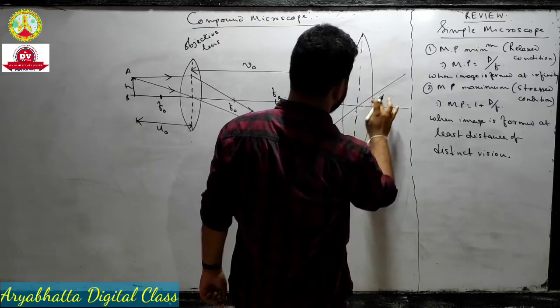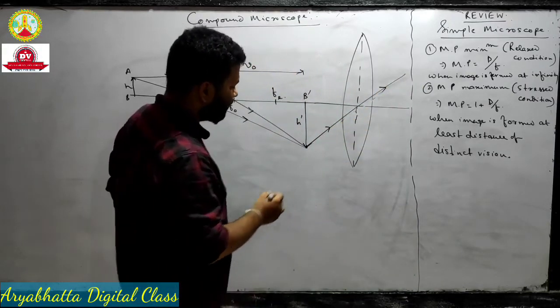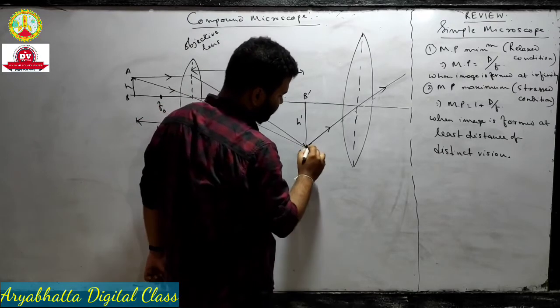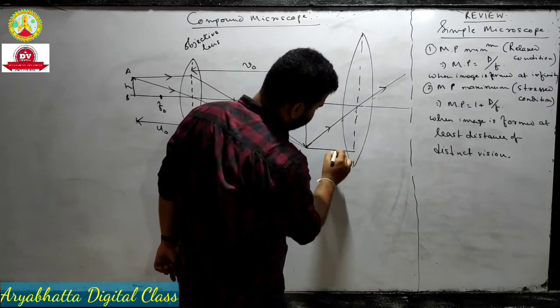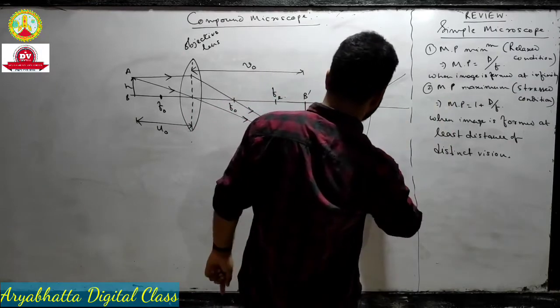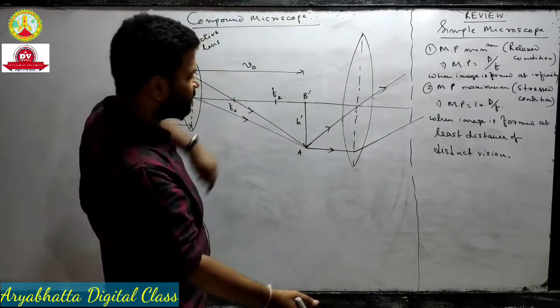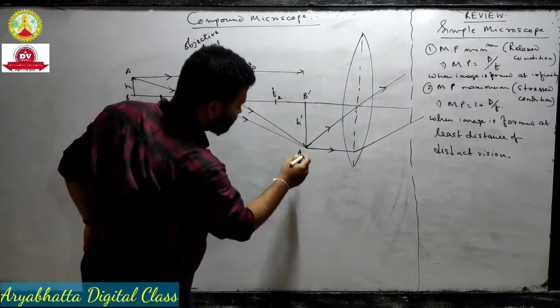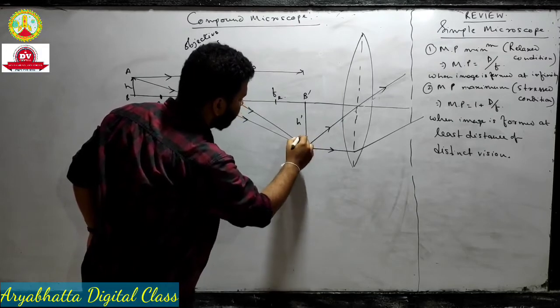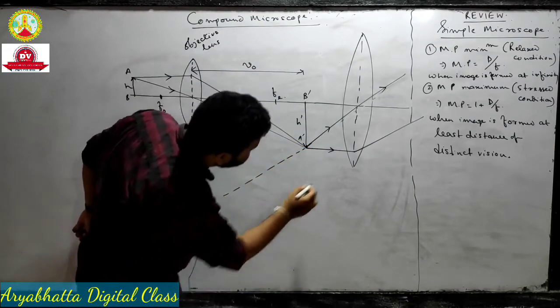The light ray that travels through the optical center will not deviate, and another one, from A dash, will travel parallel to the principal axis. It will move through the focus, so it will go like this. So these two light rays are diverging now, so they will not meet on that side. So let us extend. This is A dash. Okay, this one.